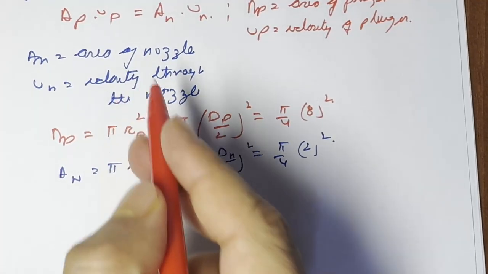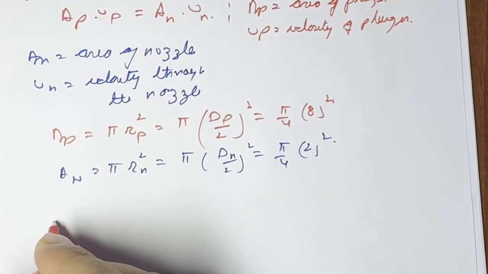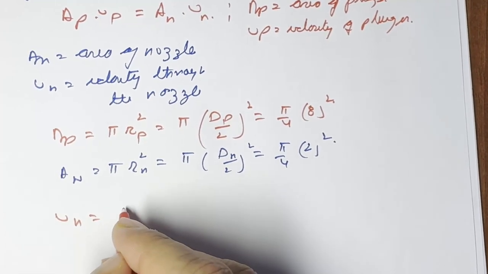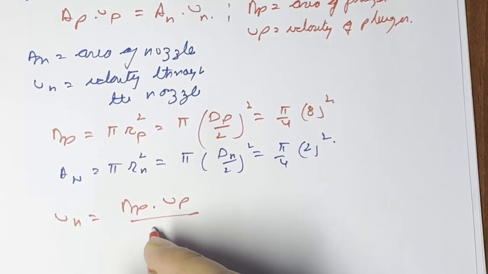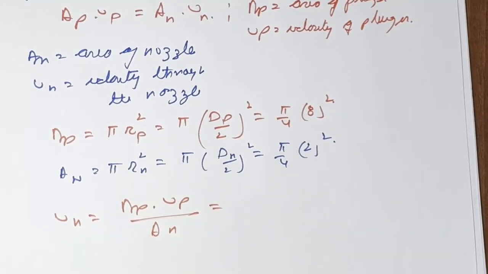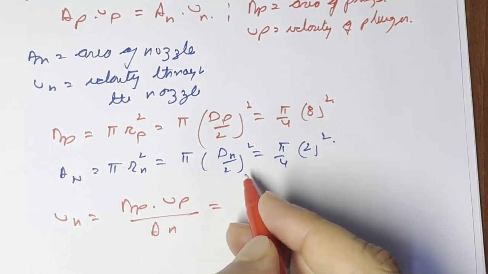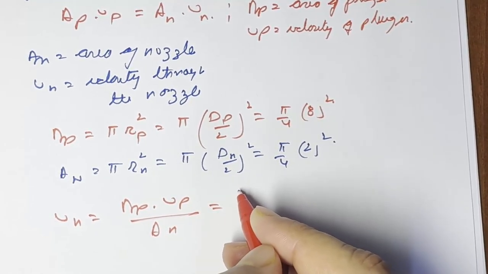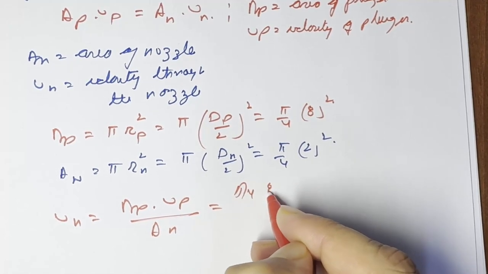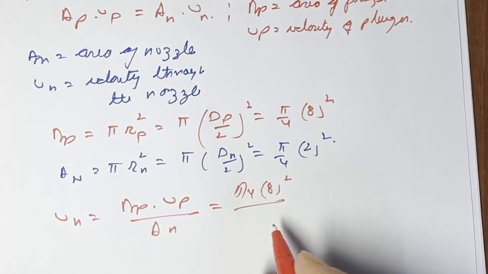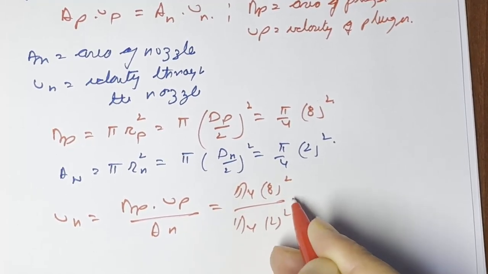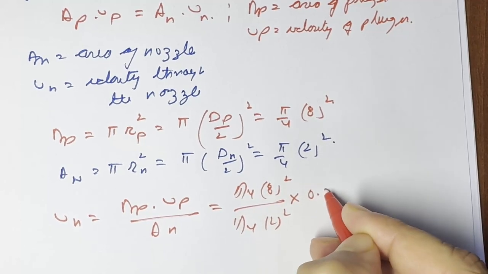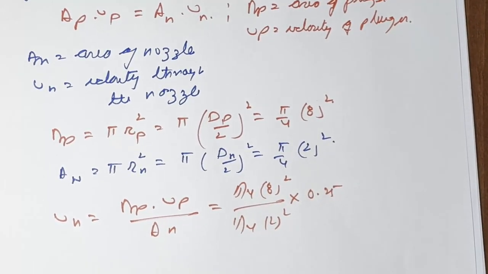From the equation, the velocity of the nozzle will be equal to the area of the plunger multiplied by the velocity of the plunger divided by the area of the nozzle. Substituting, we have pi by 4 times 8 square, divided by pi by 4 times 2 square, multiplied by 0.25.